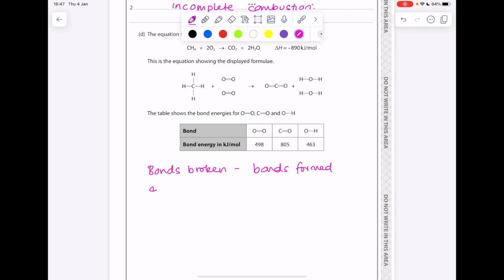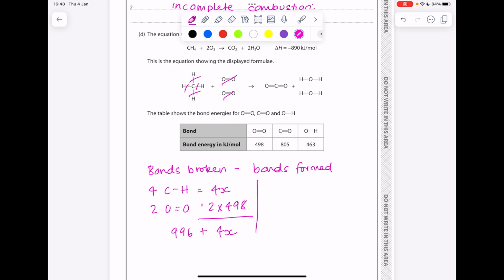It's 4 lots of C-H bonds. Count them. 2, 3, 4. We don't know what that C-H bond is. That's what we're being asked to find, so I'm putting an x. 2 lots of O=O bonds. So it's 996 plus 4x.